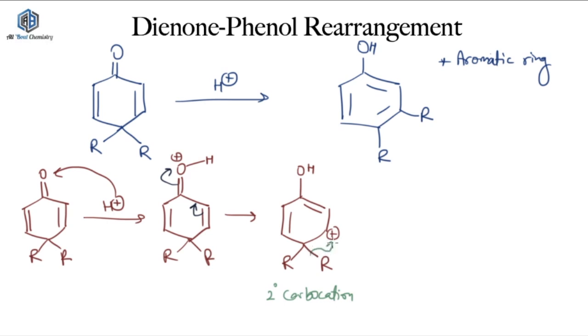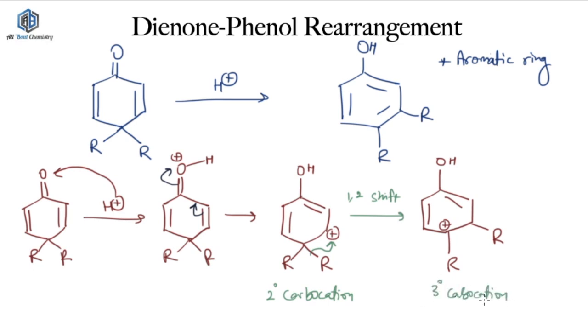So this group will shift, a 1,2 shift is happening in this step, and the next product you get is a carbocation, with R over here and OH. The carbocation is now formed at this place. This is a 3-degree carbocation, and it's more stable.